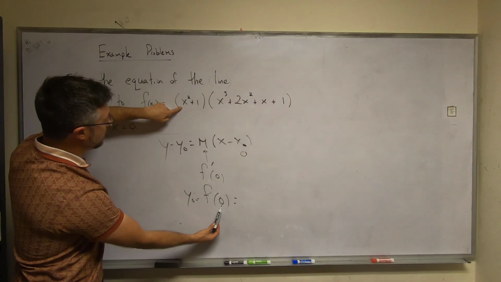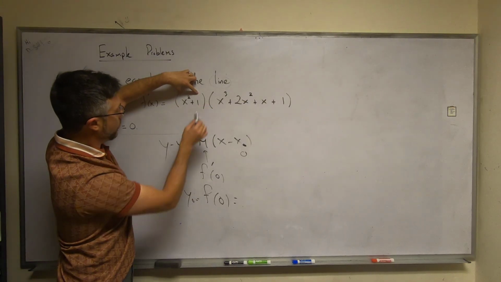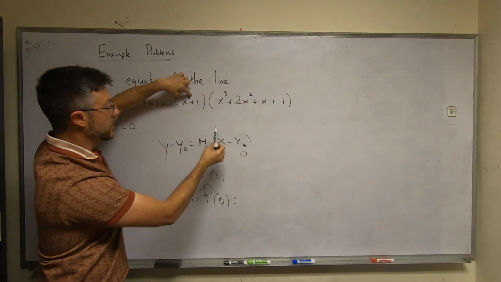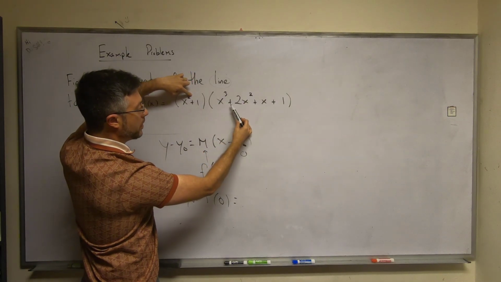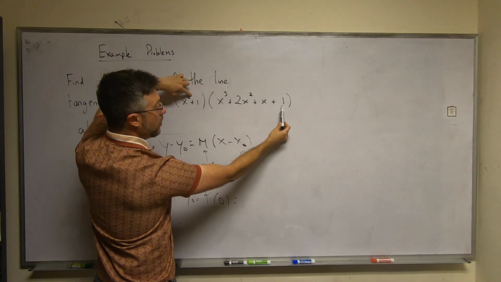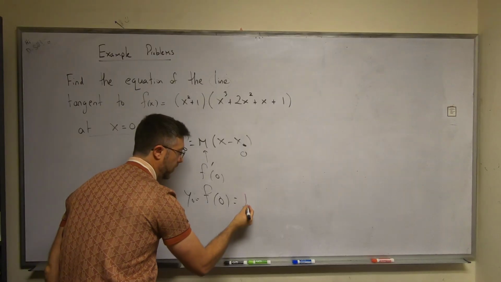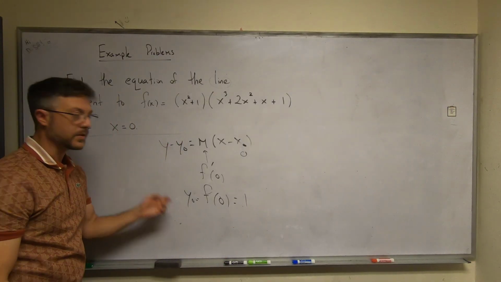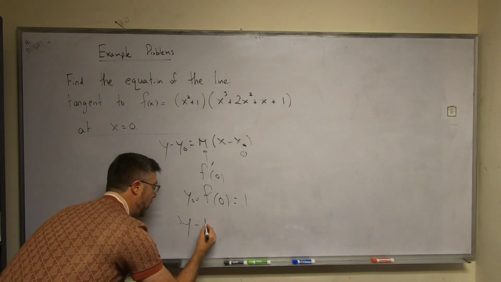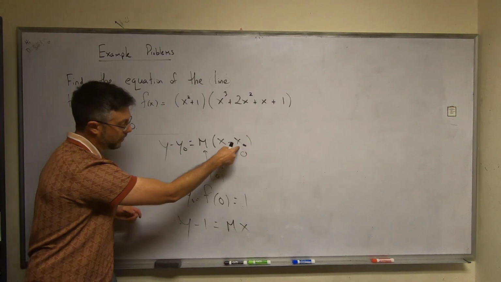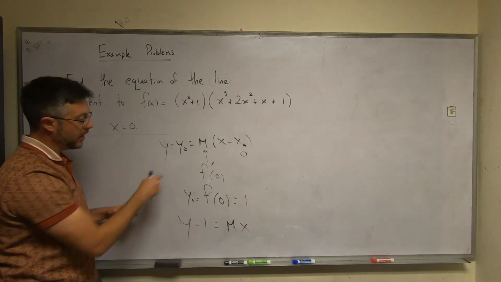If we substitute in 0, the first term of the product just returns 1, 0 plus 1. So this is 1, likewise 0 cubed, 0 and 0. The second factor just returns 1 again. 1 and 1 give us 1. So our y value is 1. So we have most of the pieces of this puzzle by plugging in 0 here and 1 over there.